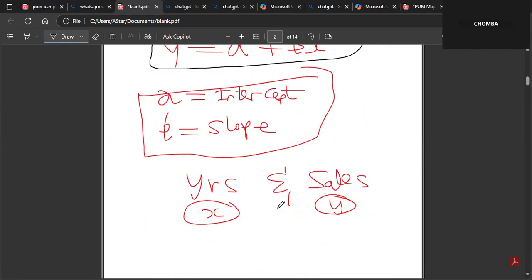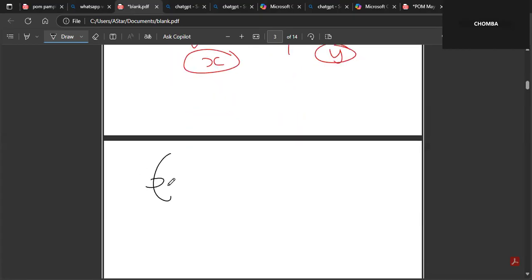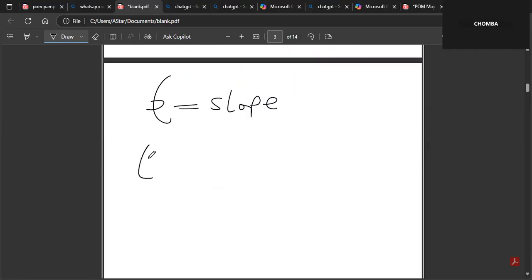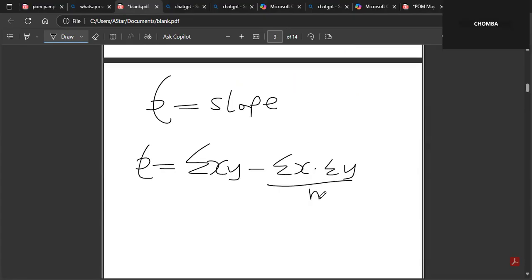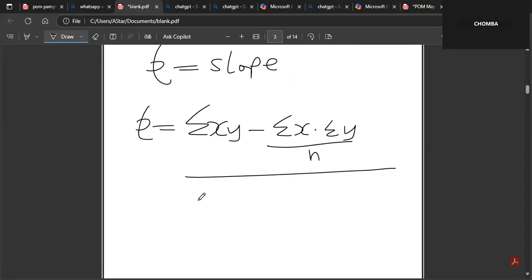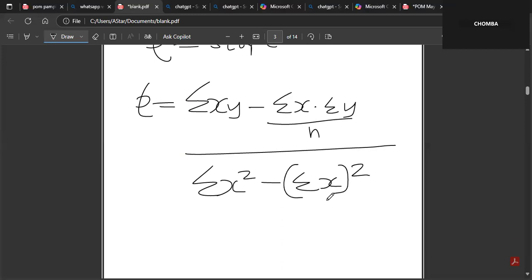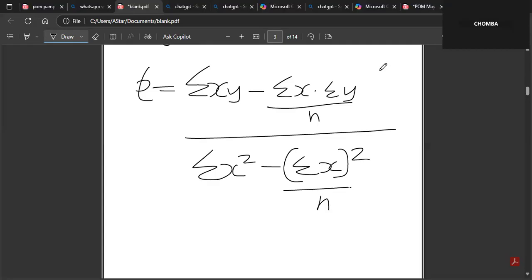Now, how do we get our beta? This is our slope. The formula is given: summation of xy minus summation of x multiplied by summation of y over n, over summation of x square minus summation of x square over n. This is what goes on when you're looking at the slope.